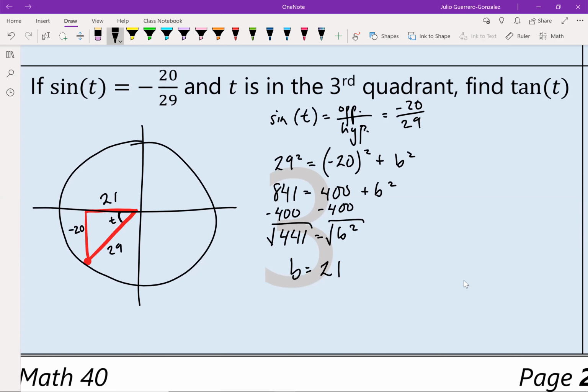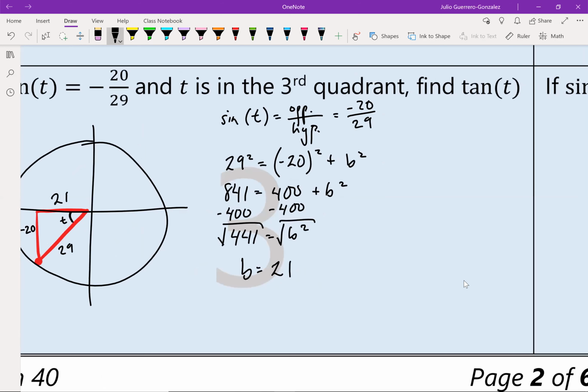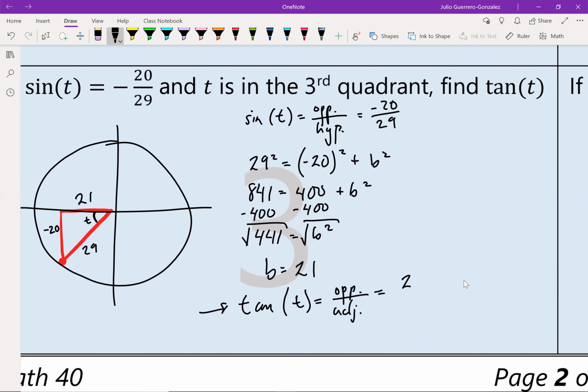Okay, so our tangent t is going to be opposite over our adjacent, which is 20 over 21. Now, I'm going to make the same mistake here. I already did.